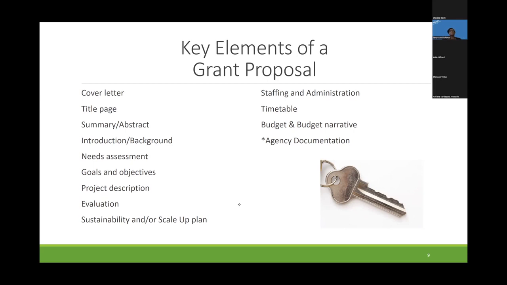And then typically in the grant itself, you would have some kind of introduction or background, a needs assessment, an articulation of what your goals and objectives are. And those may also include aims or specific aims if you're going after NIH funding or NSF. And then a description of the project itself. This is assuming that you might be doing a program or a project in addition to just studying a program or project.